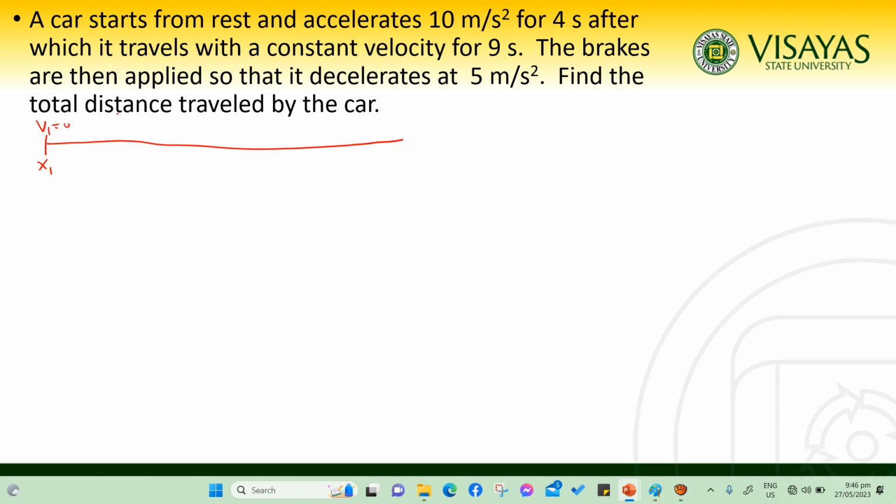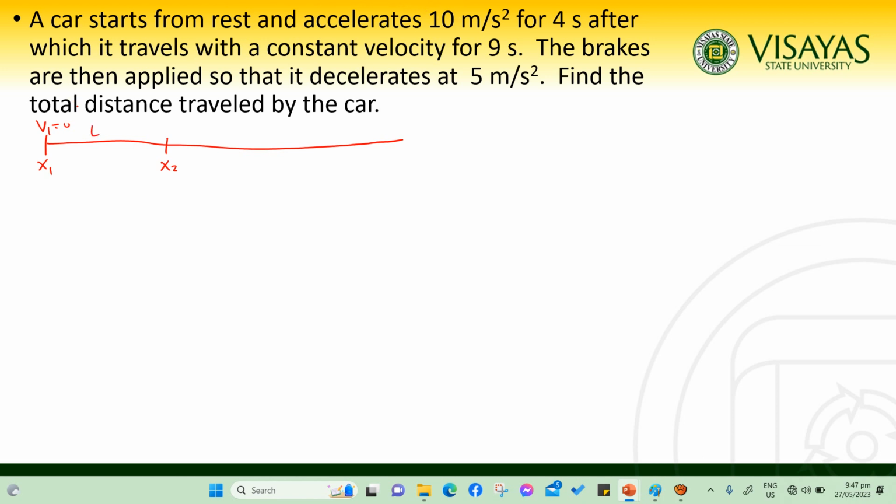Then it moves from x1 to x2. I'm going to present the consistency of the variables as well as the subscripts. So it travels for 4 seconds.